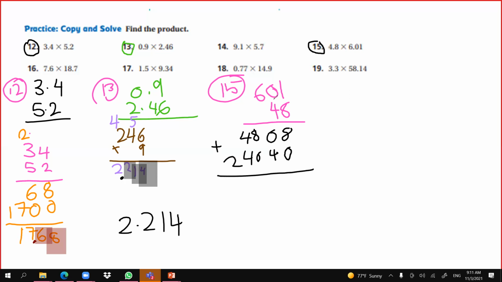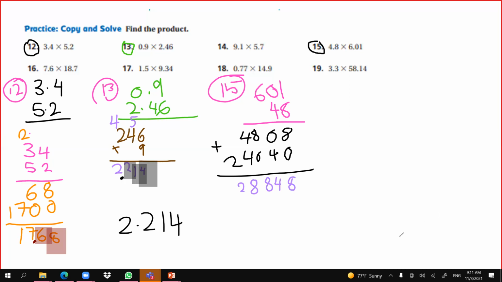Then 8 plus 0, 8. 0 plus 4, 4. 8 plus 0, 8. 4 plus 4, 8 and 2. Then where do you have to put the decimal point?